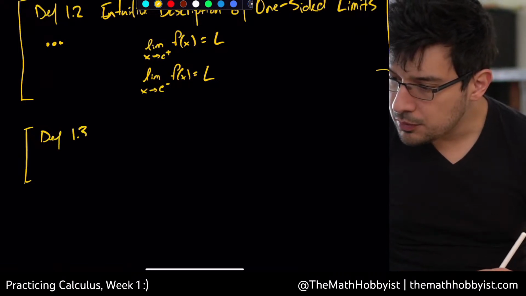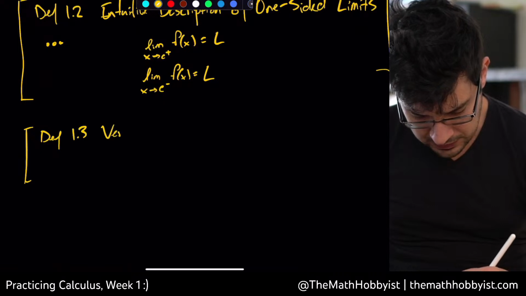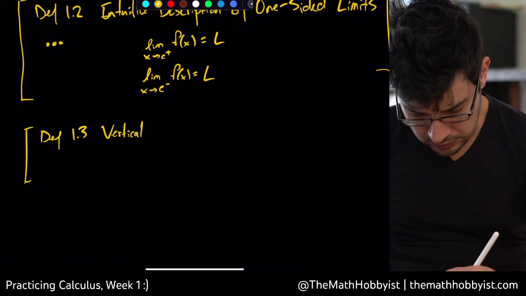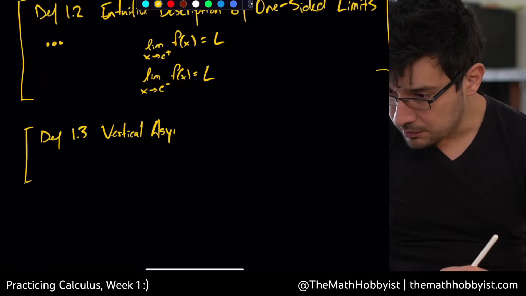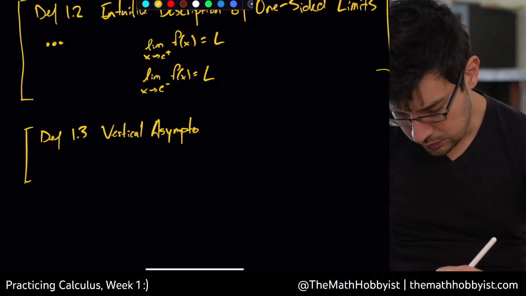Definition 1.3, we define vertical asymptotes.